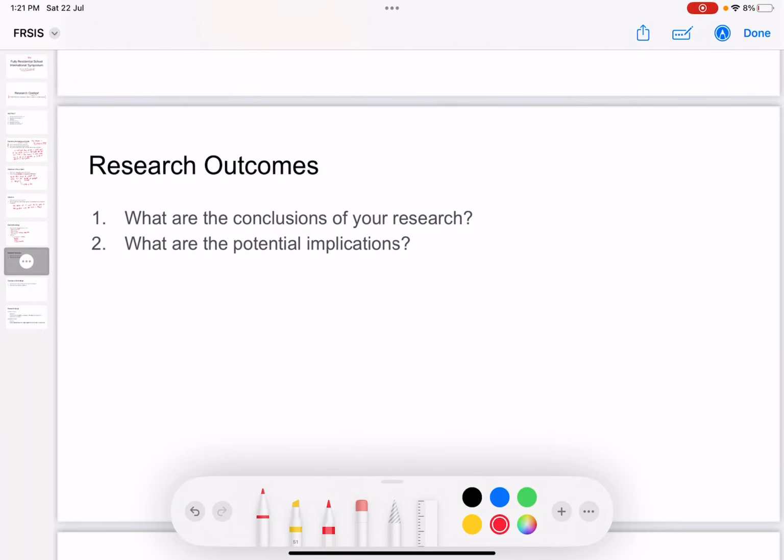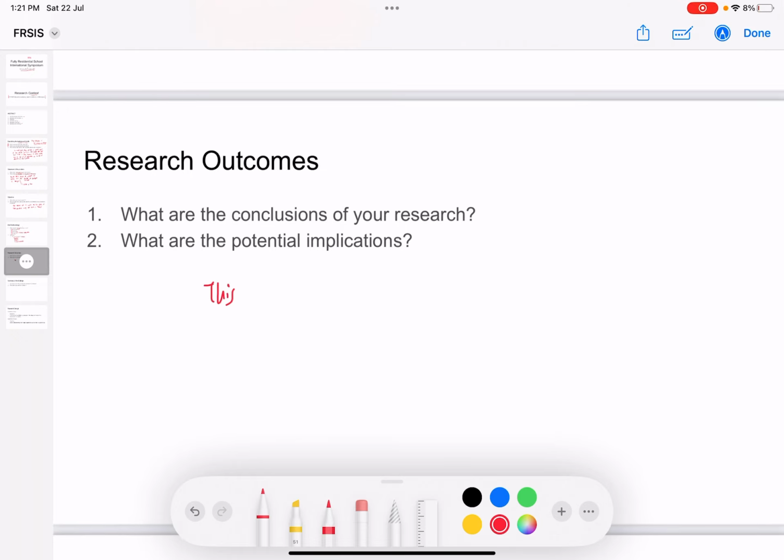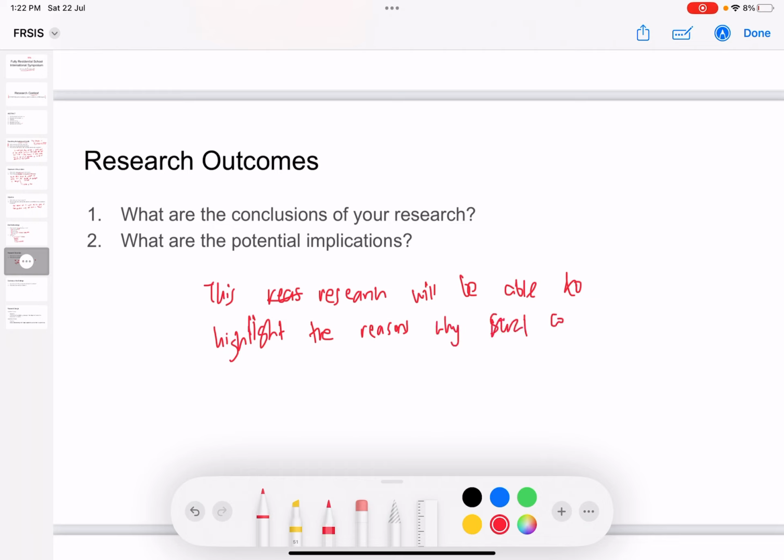Then what are the conclusions of your research? What are the potential implications that your research is going to have? Okay, so for example, this research will be able to highlight the reasons why rural communities are not interested in STEM, right?